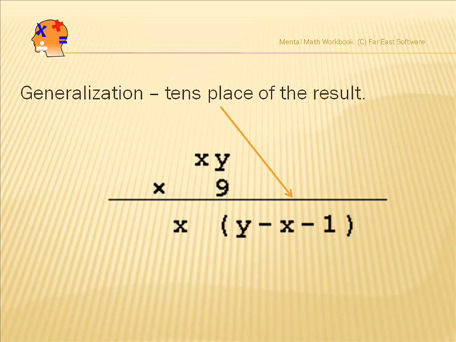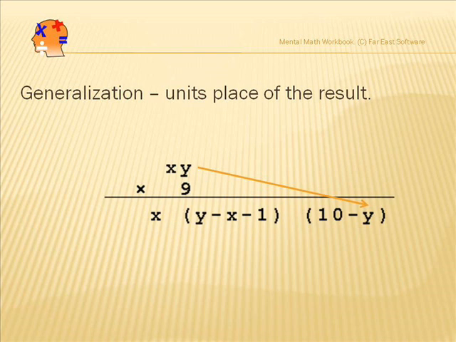The tens place of the final result is always y minus x minus 1. That is, it is the difference of the tens place and the units place of the multiplicand less 1. In the final result, the units place is always 10 minus the units place of the multiplicand.